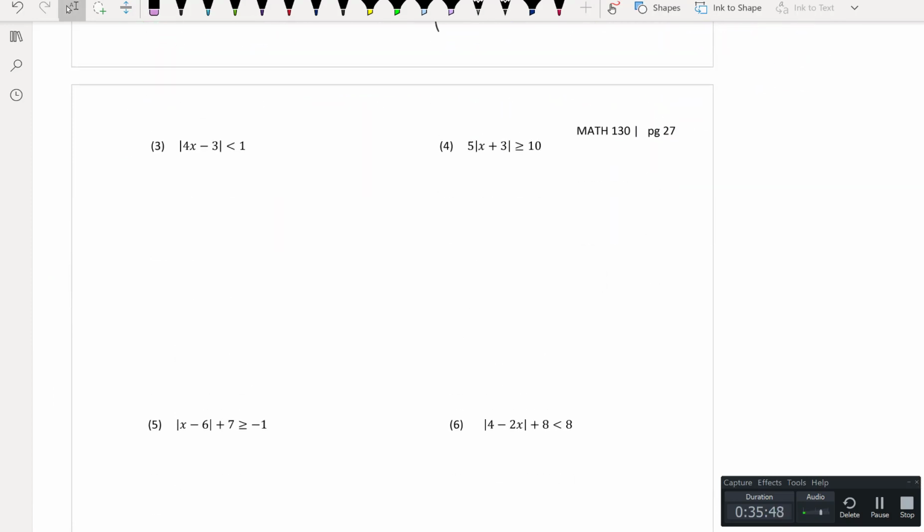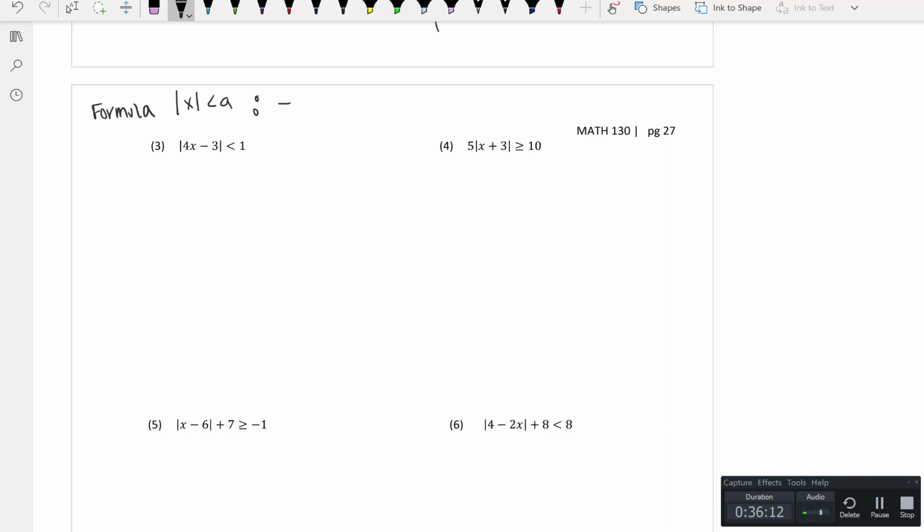Well, now let's look at number 3. For number 3, it says the absolute value of 4x minus 3 is less than 1. So which formula does this one follow? Well, you can have your flashcards, but since I have the absolute value of x is less than a, that's the formula that I'm using.